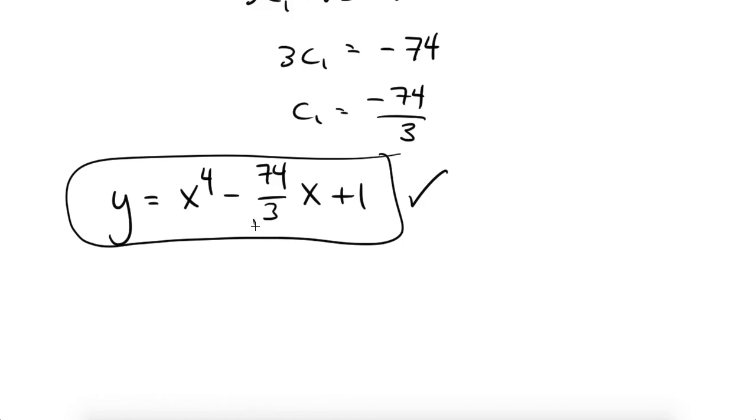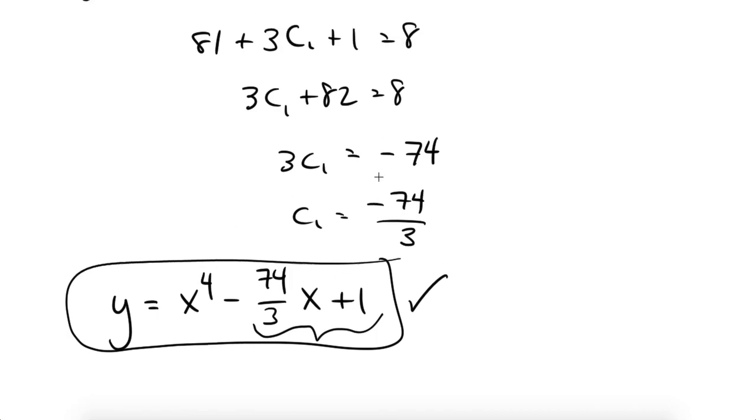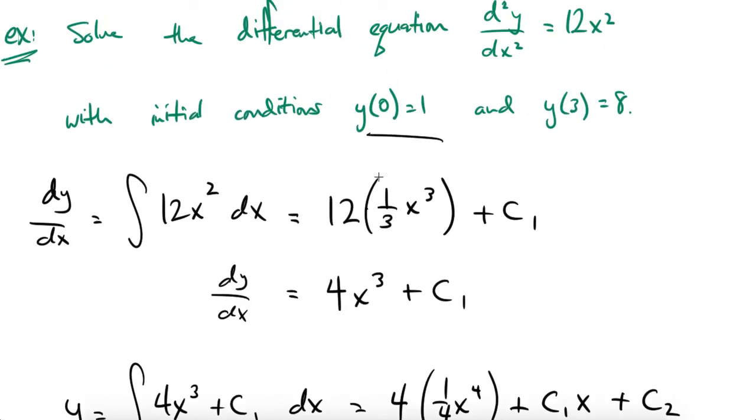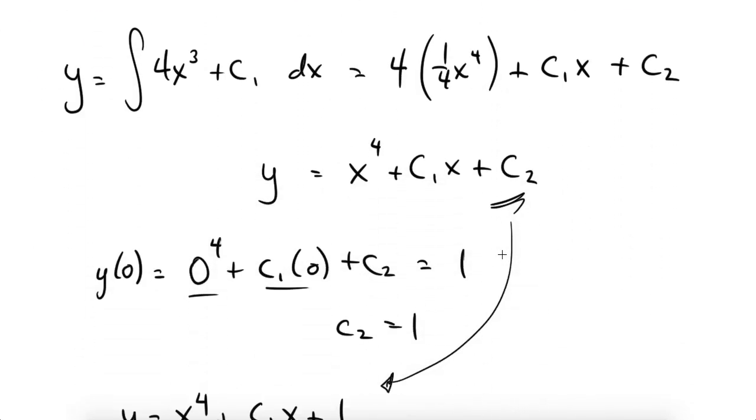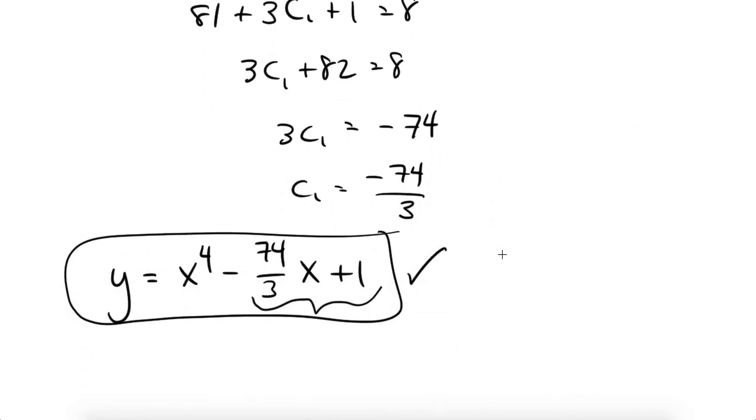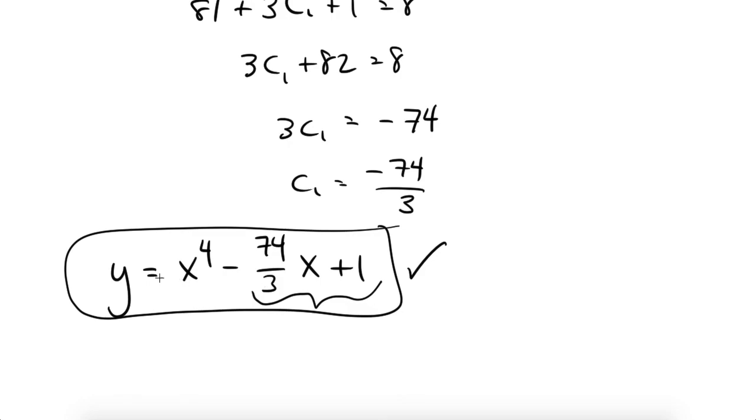But there are plenty of other functions that would have different coefficients on x and the constant whose second derivative would still give you the 12x squared that we were supposed to start with. So you really have to work in these initial conditions and make sure that your math checks out, because if you're trying to recover a specific antiderivative, then you can't just rely on taking the derivative at the end and making sure you started out with the right function.